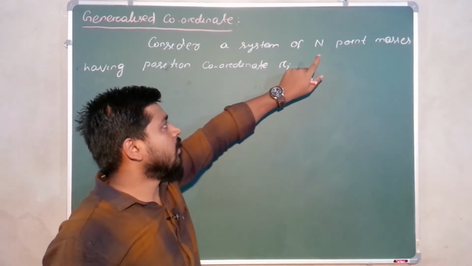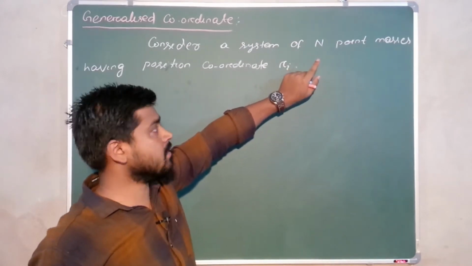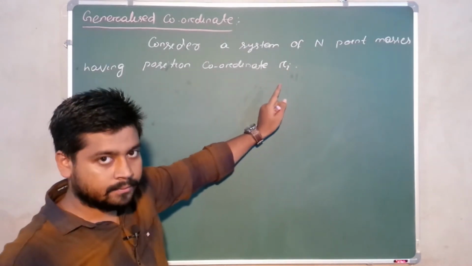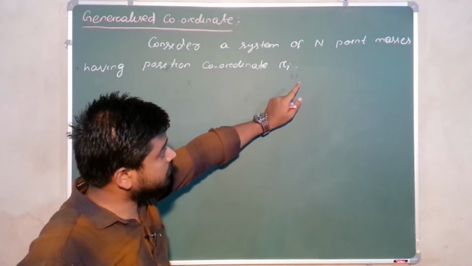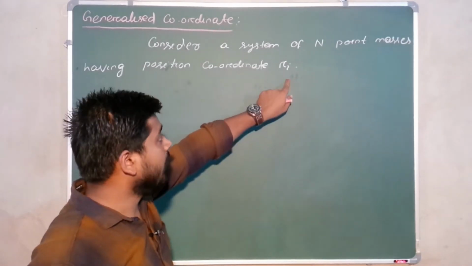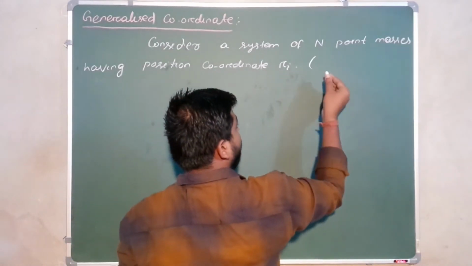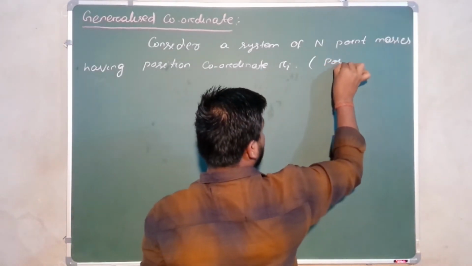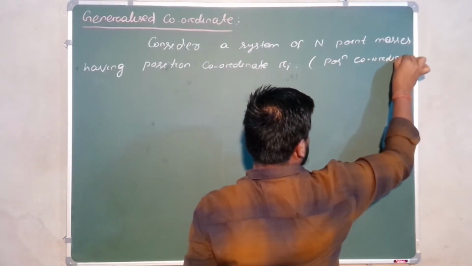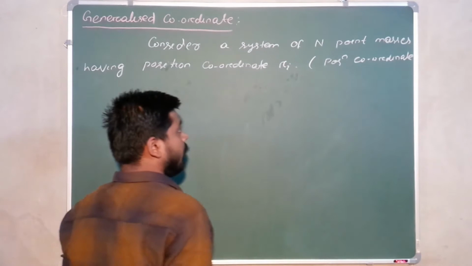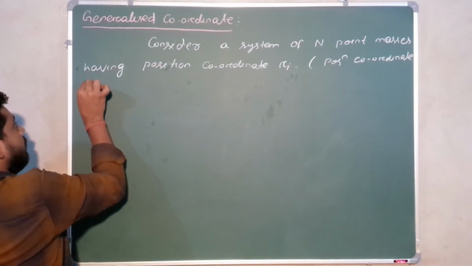The first point mass has position coordinate R1, the second point mass has position coordinate R2, and the third point mass has position coordinate R3. Similarly, let Ri be the position coordinate of the ith particle.